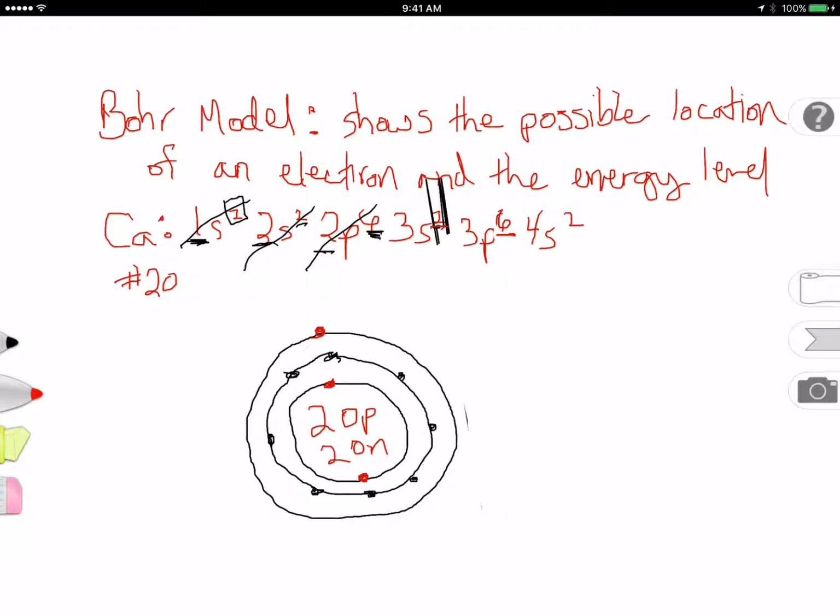So in our third energy level, we'll put on 8 electrons, and that takes care of that one. And then the last one, energy level number 4, has 2. And voila, there's the Bohr model for calcium.